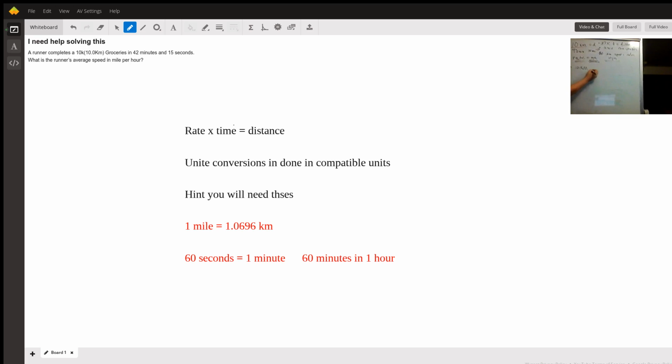I'm using some unit multipliers, and I think I gave you the conversion. The conversion factor is 1 mile is equivalent to about 1.6 kilometers. Let me look here, did I write that down?